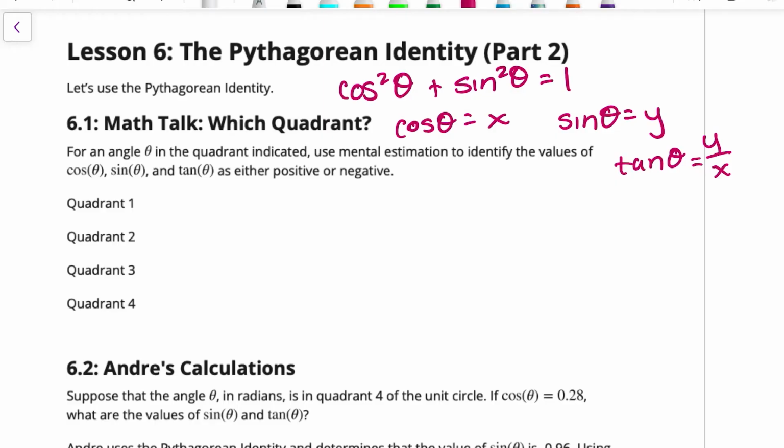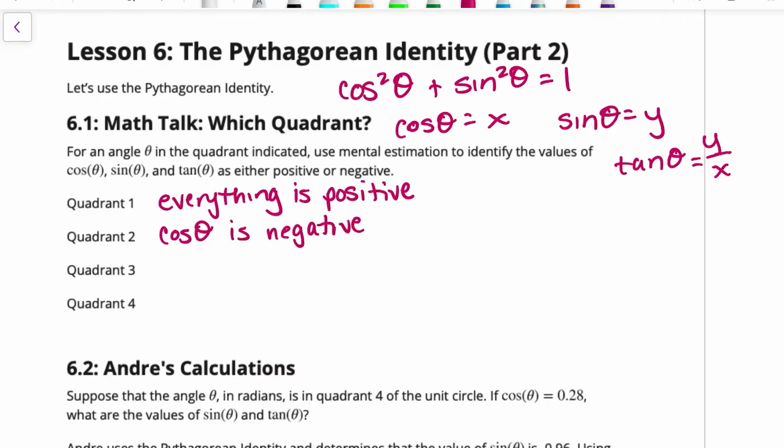If we have quadrant 1, everything is positive, right? Because our x values are positive, our y values are positive, and a positive divided by a positive is a positive. All right, in quadrant 2, our x is negative, so cosine of theta is negative.